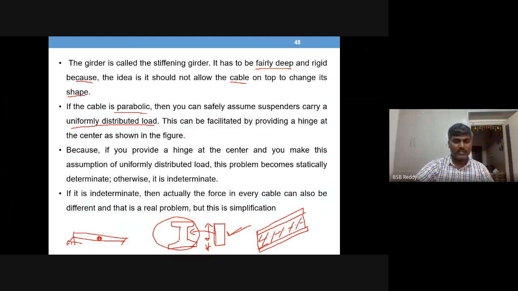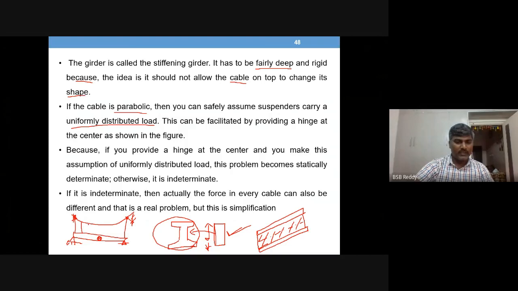The cable shall run like this, and a typical cable will have hinge support.